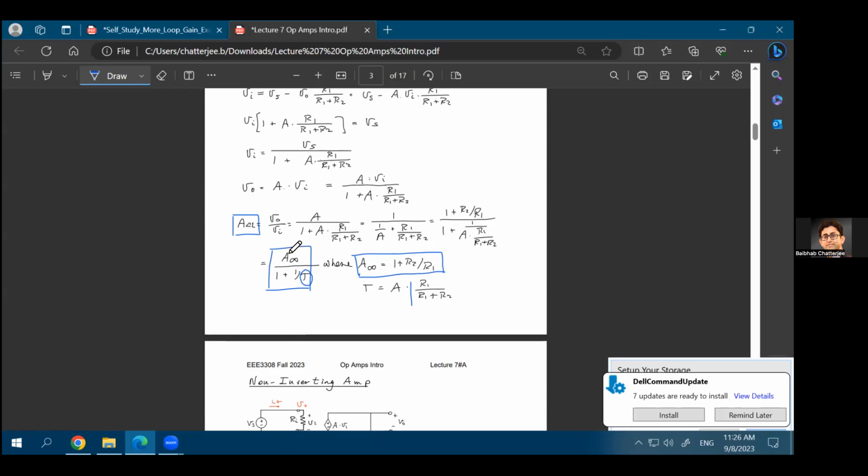Let me write that down so that we are not missing anything. Let's get this nomenclature cleared out. A is called the feed forward gain. Beta or B is called the feedback gain.